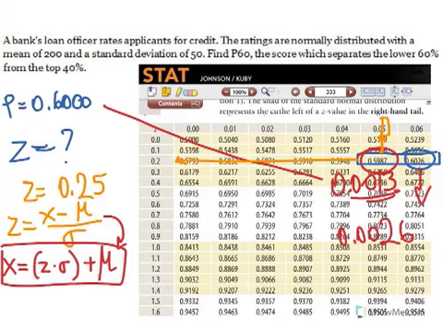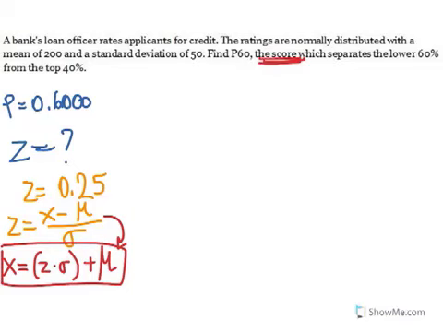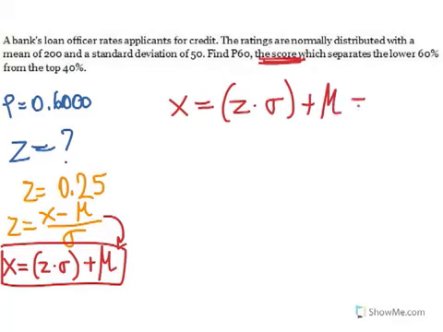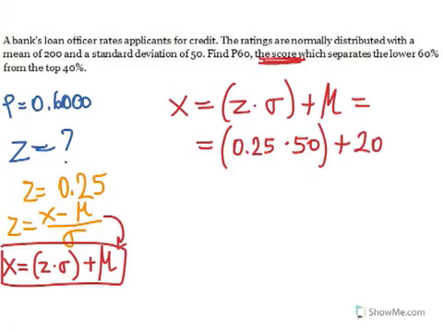So let's find now what the x is, and that x will be the score. You see here in the question, the score which separates the lower 60 from the top 40. So x will be z times standard deviation plus mu. Now we know z, we know standard deviation, and we know mu. So that's going to be equal to z is 0.25 times standard deviation is 50 plus mu is 200.